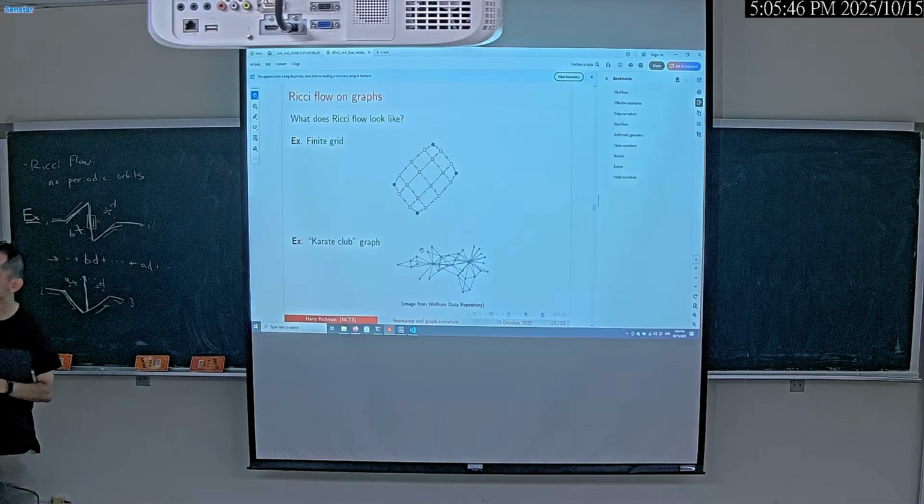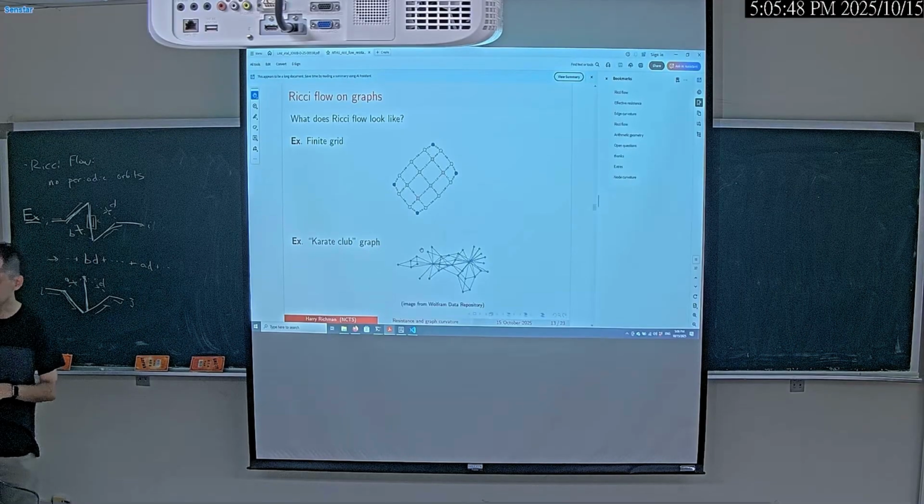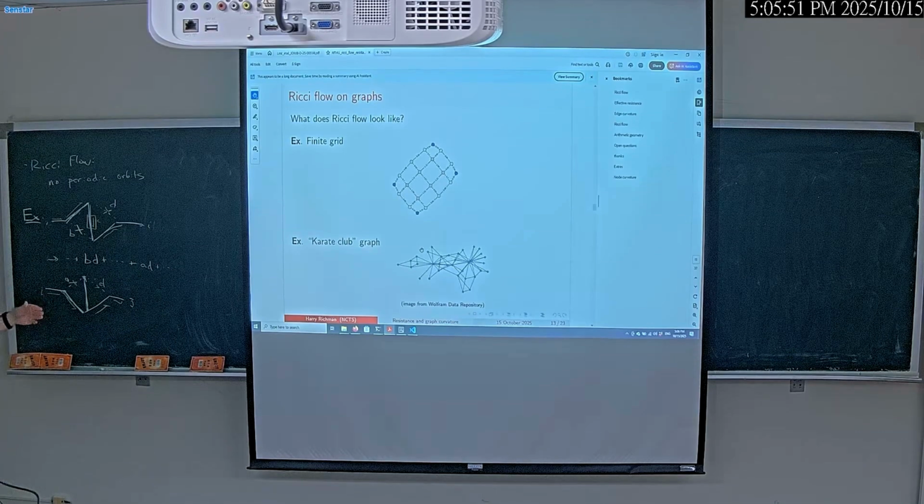So I think I didn't manage to prepare an animation for this, but there's some standard graphs that would show this behavior. If we have an example graph where there's two sides of nodes that are very well connected, and then there's only a few connections in between them, and we start out with this and run Ricci flow, we'll see that on each side these edges will get smaller, and for the edges connecting different groups, these edges will increase.